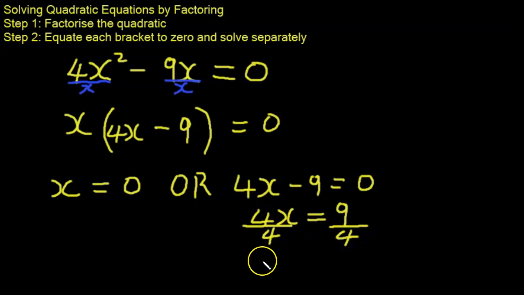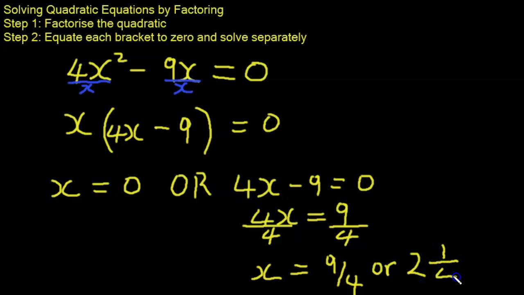So 4 into 4, that's 1, so x. And then 9 divided by 4. Of course, you could leave your answer like that. Or, if you wish, you could write it as a mixed fraction. So 4 into 9, 2 times, remainder 1, so 2 1/4, or 2.25 if you wish. So the solutions, x equals 0 and x equals 2 1/4.